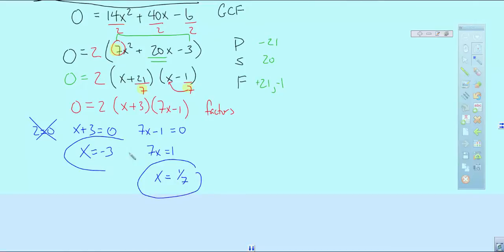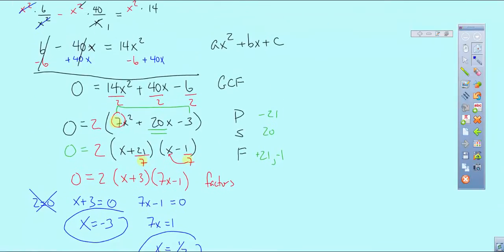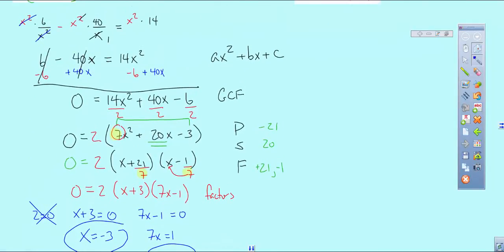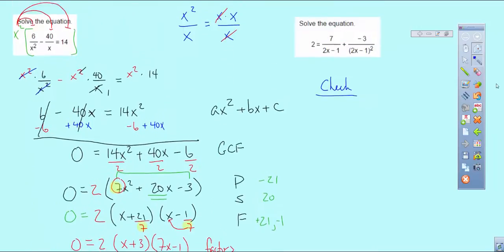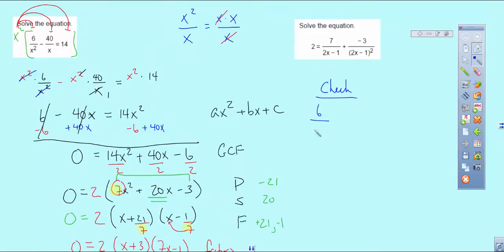So we have two different solutions that we think might work, but we need to check to see which ones will work. So we go back up to our original equation, and we want to check. Our first one was -3, so that's 6 over -3 squared minus 40 over -3 should be equal to 14.